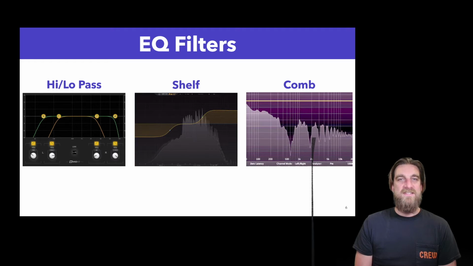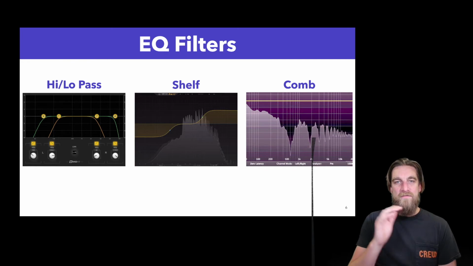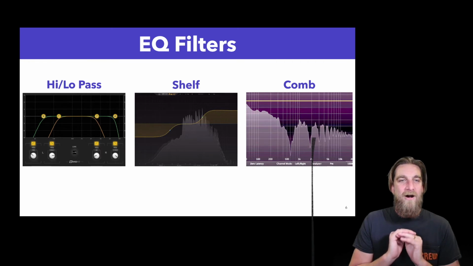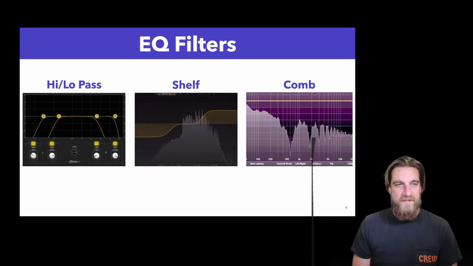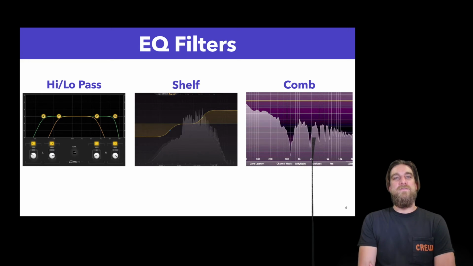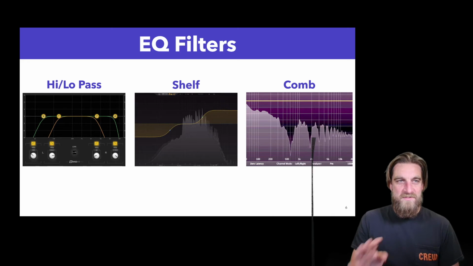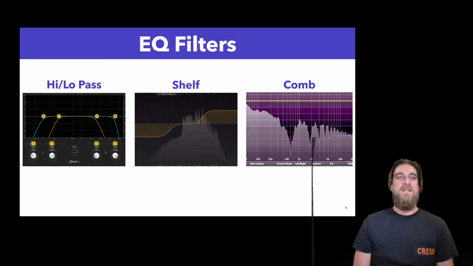What this does is it allows us to choose a frequency on both the low and the high end of a sound, at which point we want to cut out all frequency on either side of those things. And a lot of times people tend to mix up the difference between high and low pass filters. Think of it like this.